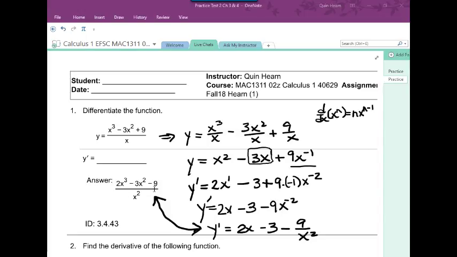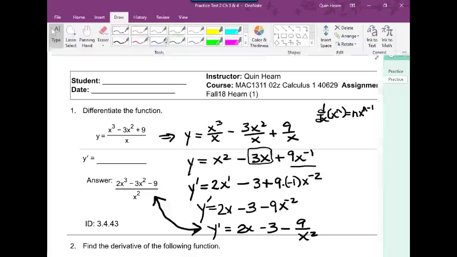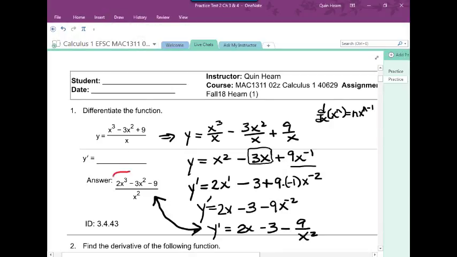And you're right, if we looked at the expression that we were given by MyMathLab as the solution over here, you could divide each part by the x squared, and you would see it's the same answer that we got over here. Look, 2x cubed divided by x squared would be 2x, negative 3x squared divided by x squared would be negative 3, and negative 9 divided by x squared is negative 9 over x squared.